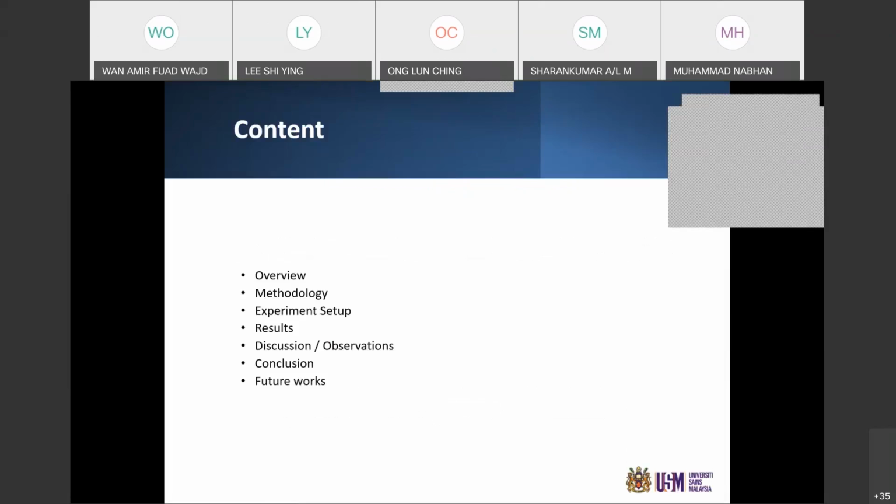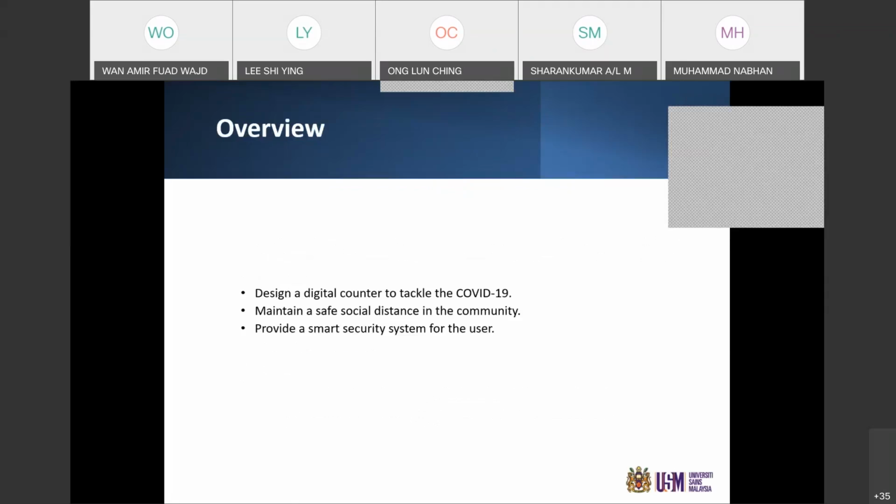So this is the overall outline of what we want to present in this presentation. For the overview of this project, this digital counter is designed to tackle COVID-19 because, as we know, in this pandemic we need to avoid crowded places as we don't want COVID-19 to spread.